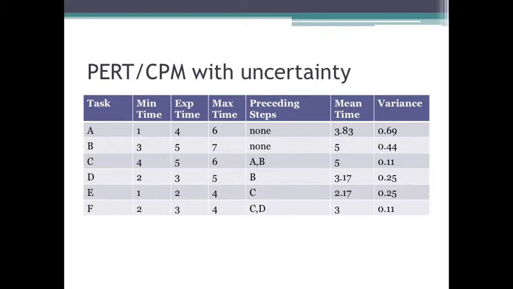You go forward through the project flow map to determine earliest start and earliest finish. And you go backward through the project flow map to determine latest finish, latest start. From here, you can calculate slack, and you could also calculate the critical path.